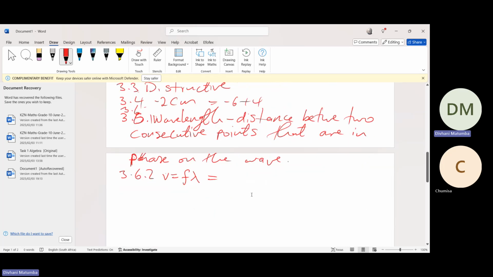We are only given the period. What is the relationship between period and frequency?